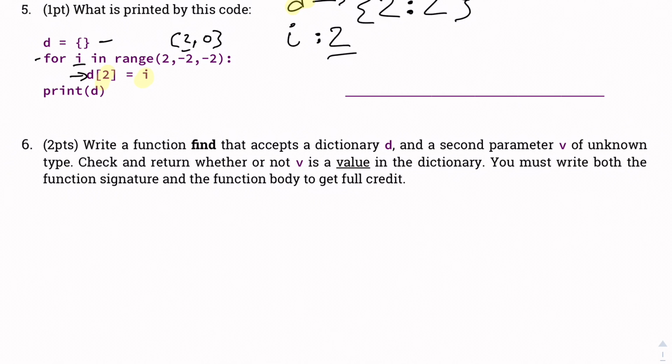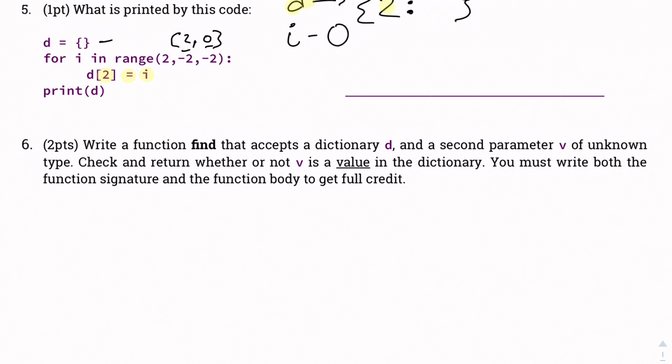So the key value pair 2:2 gets entered into this dictionary. Now the loop isn't over yet. So the loop says there's one more thing, right? So the value of i gets updated to be 0. Okay, so our next thing is we go to this dictionary at the key 2, and we update the value at this place to be the value of i. So we go to our dictionary at key 2, and we change the value.